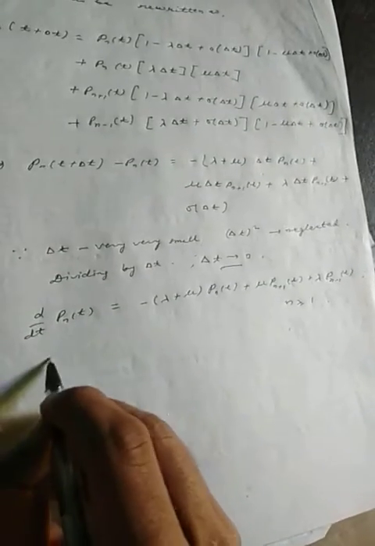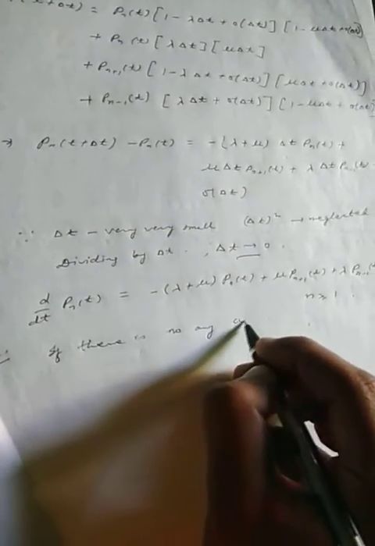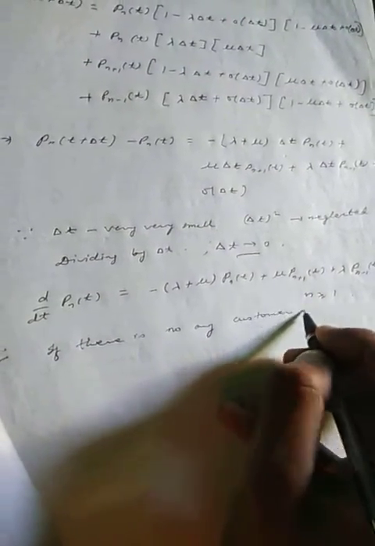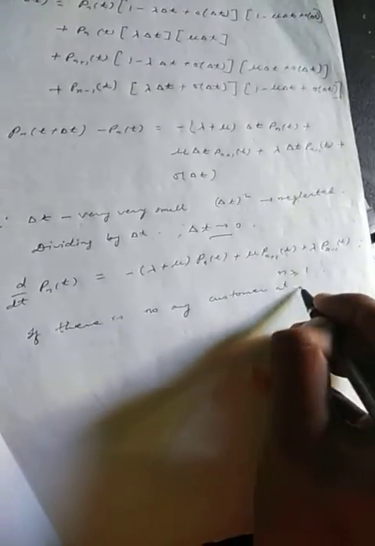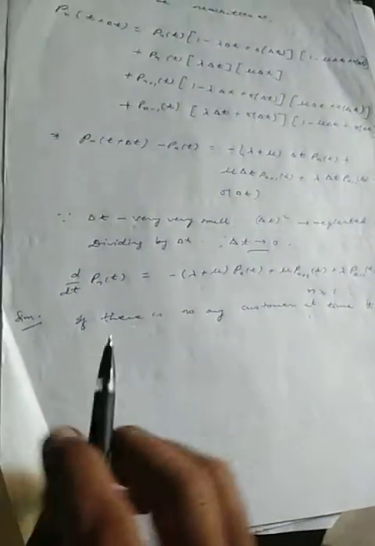And similarly friends, if there is no customer in the system at time t plus delta t, that means no customer, n is 0.